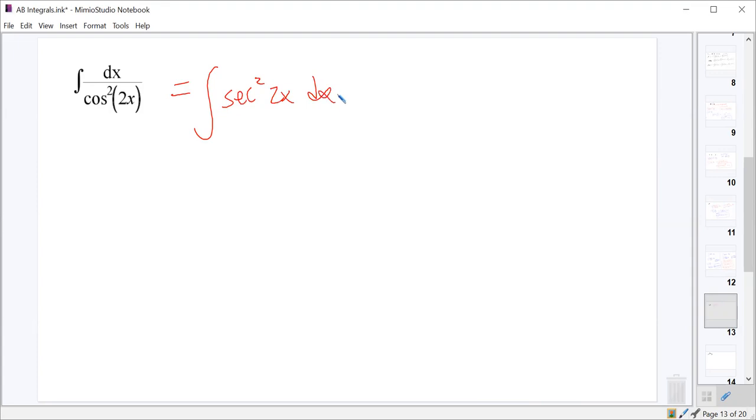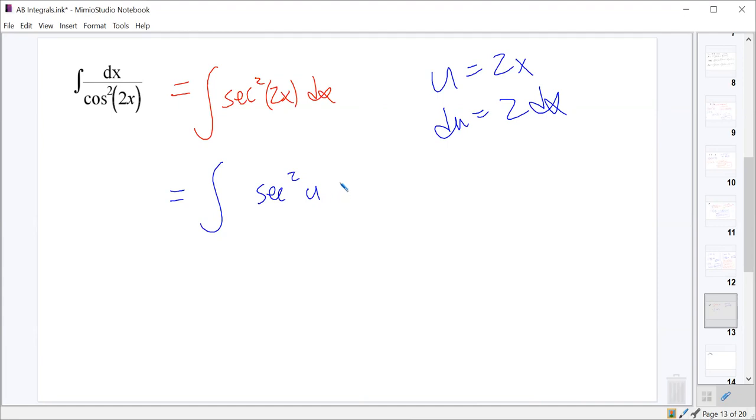Do we know what the integral of secant squared of something is in general? Okay, so the problem being then we have this 2x. So what do we need to substitute out, you think? u equals 2x, and du will be 2 dx. And so this becomes the integral of secant squared u, and then dx.